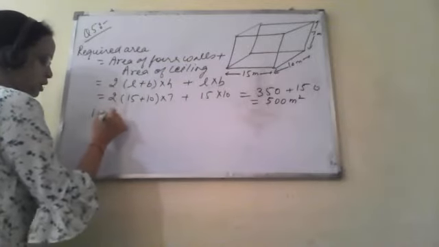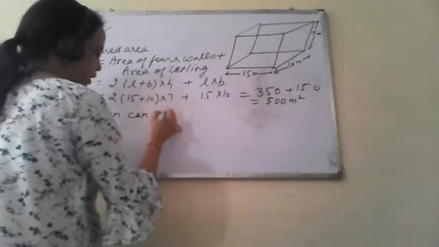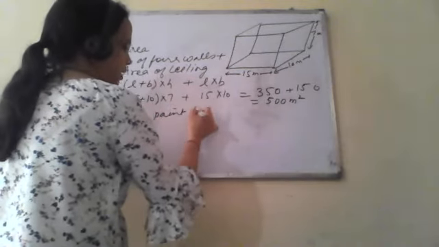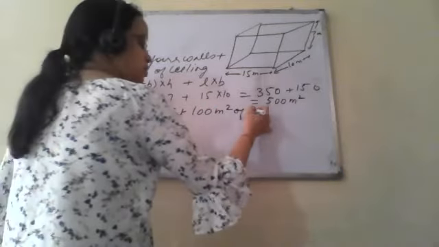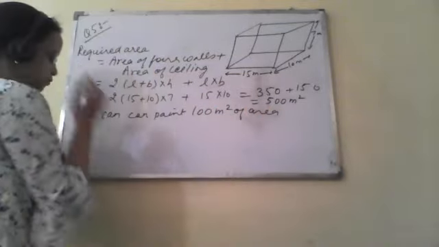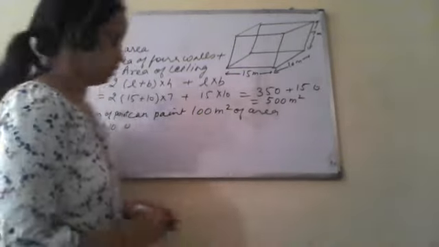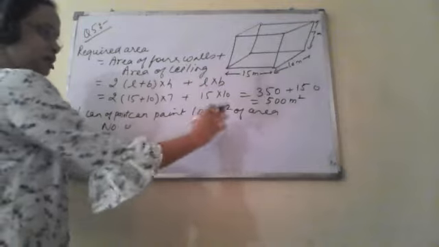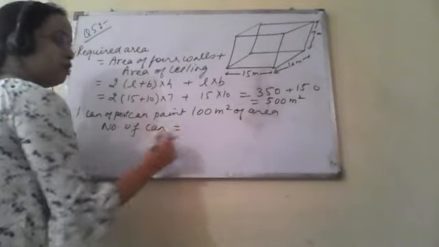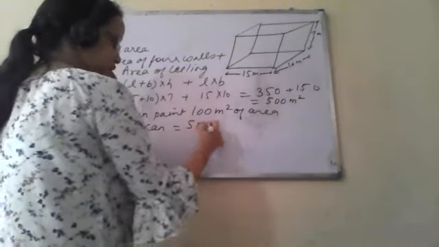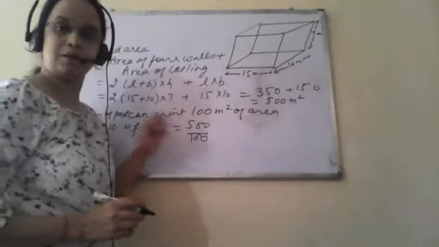Now one can can paint 100 meter square of area. So the number of cans required will be total area, that is 500 upon 100, because one can paints 100 meter square of area.